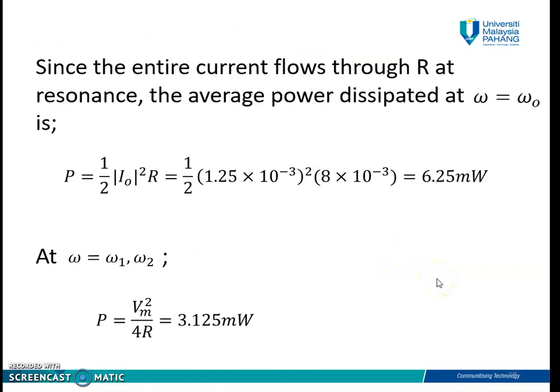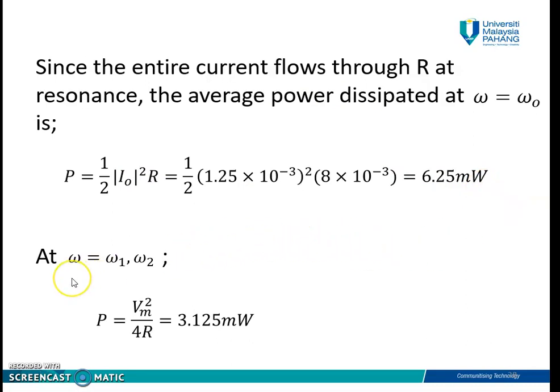Once we get the value of I naught, we can calculate the average power dissipated at omega naught using this equation. P is equal to 1 over 2 times the magnitude of I naught squared, times R. So we get the average power is 6.25 milliwatt.